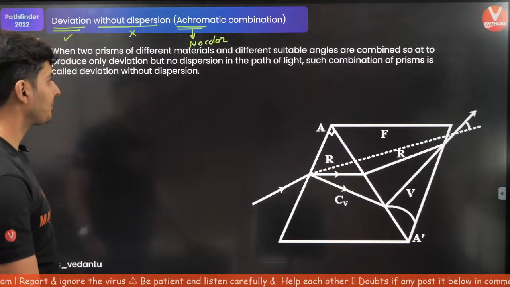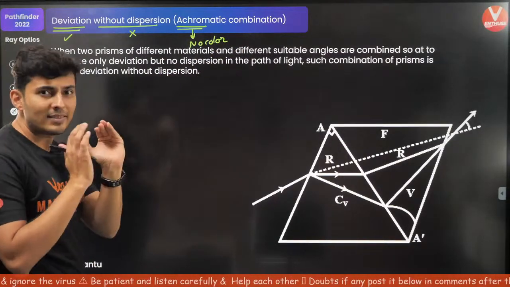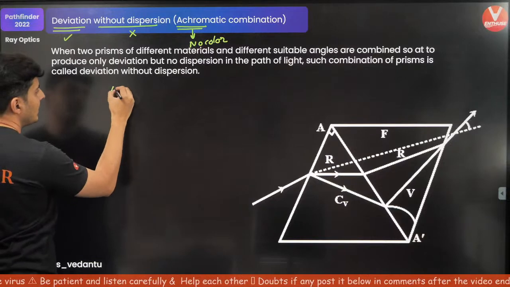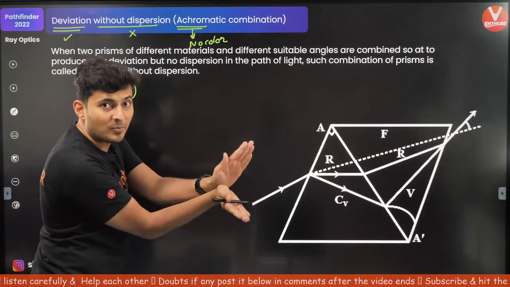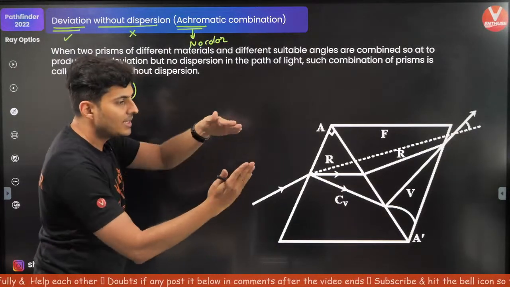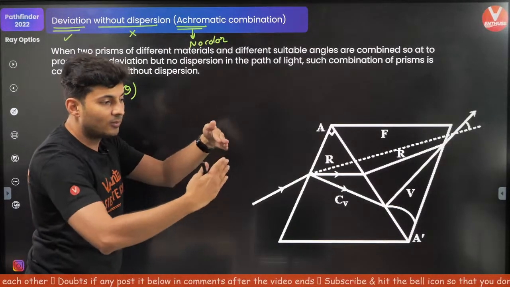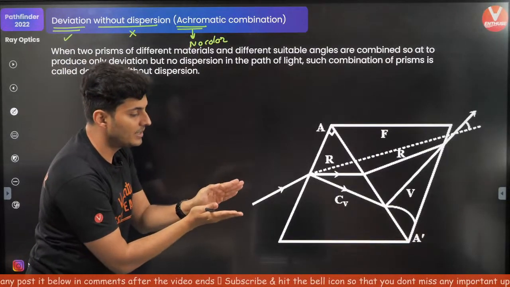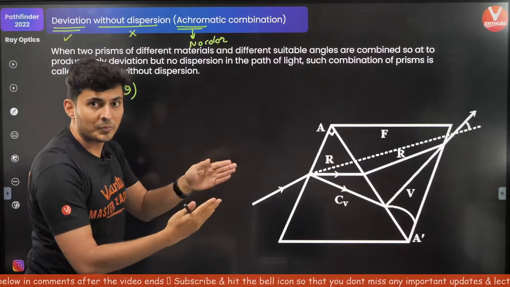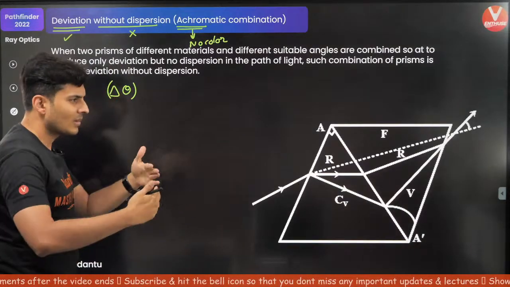See what is not there. Dispersion is not there. So when you have such a combination, what is happening is the dispersion, angle wise, whatever spread happened in the first is exactly equal to the convergence or the dispersion in the second prism. If it spreads by 2 degrees, in the next prism, it also converges back by 2 degrees. So it's the same thing.